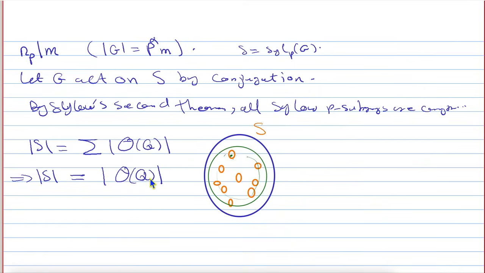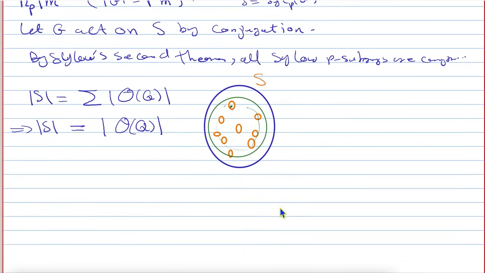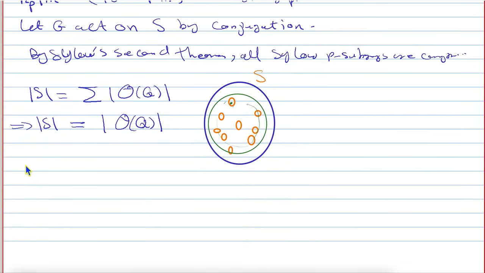We can take any subgroup Q, it doesn't matter which one. Now by the orbit-stabilizer theorem, the size of S is the index in G of the stabilizer of Q in G.